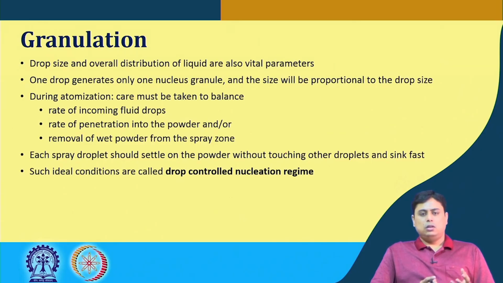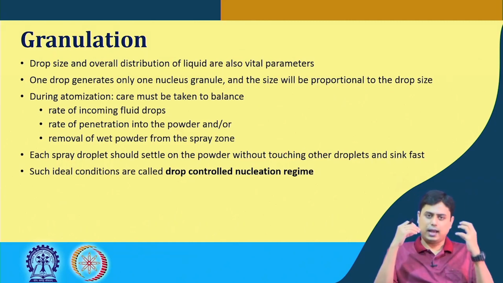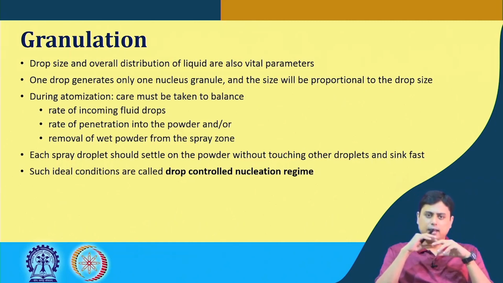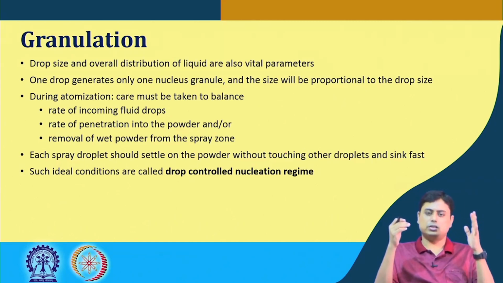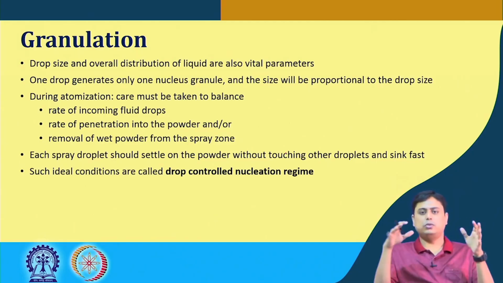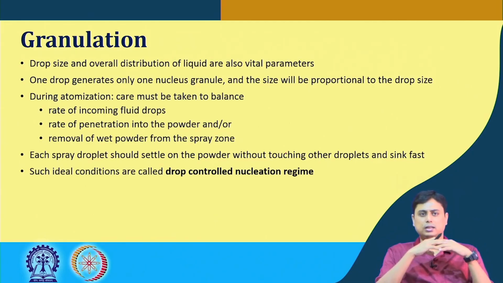Because say one droplet usually generates one granule, and its size is proportional to that of the drop size. So, the size of the droplet and its size distribution during its spraying or pouring over the bed of particles, that is one of the critical factors.